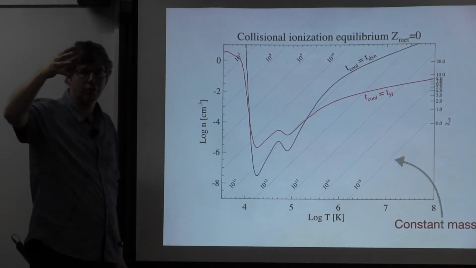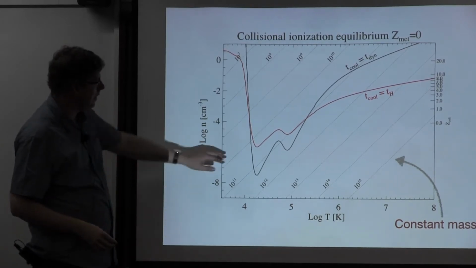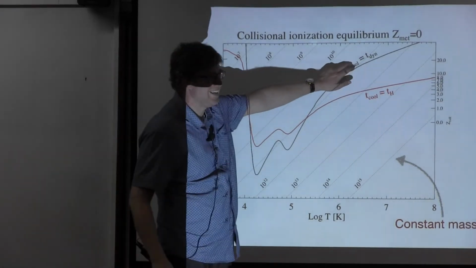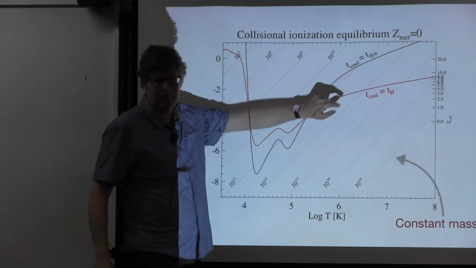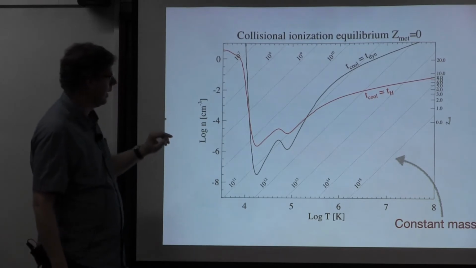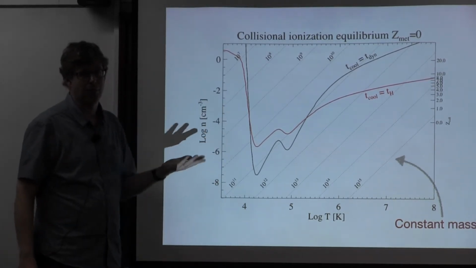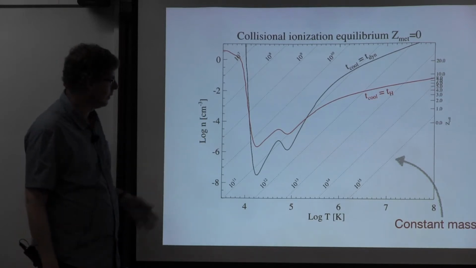It's just the cooling curve turned on its head, right? This is the line where the cooling time is equal to the dynamical time. So this depends on temperature and density, and the dynamical time essentially depends on density, right? It's 1 over the square root of density.